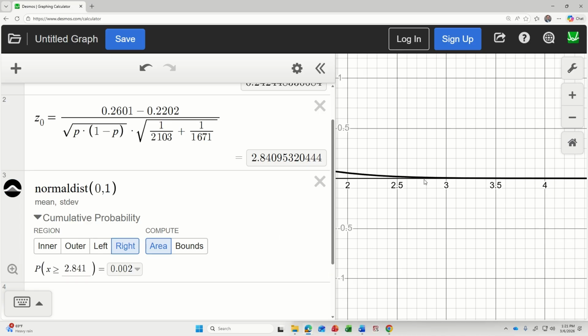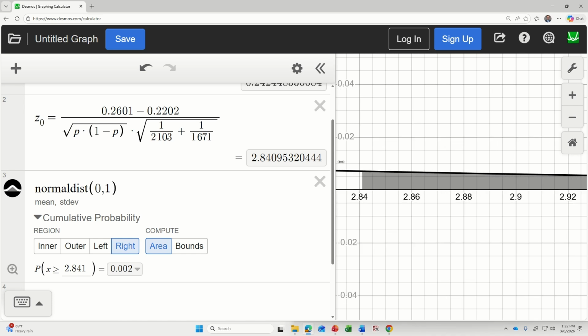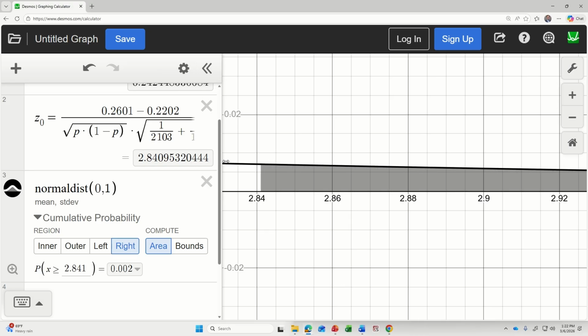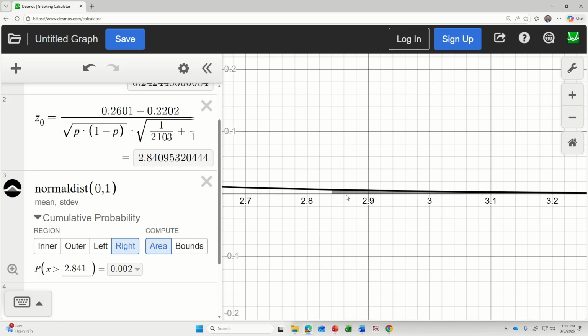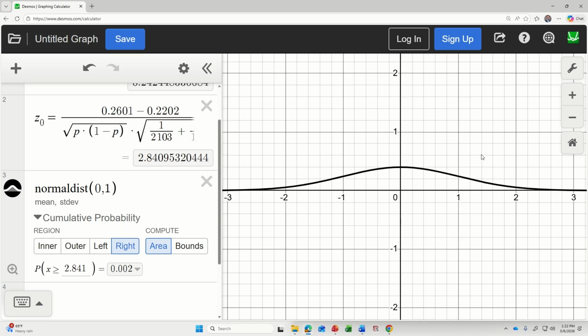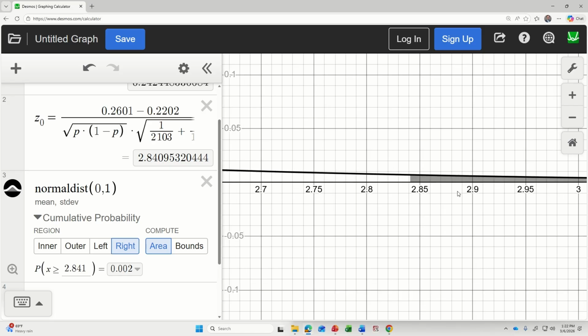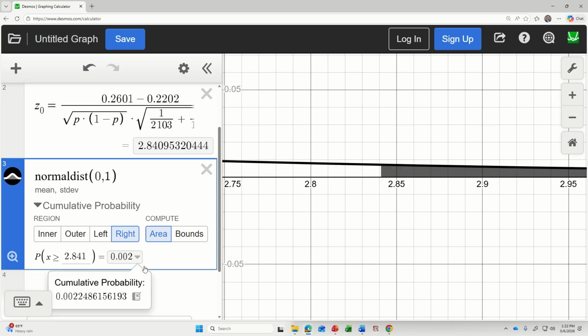It's hard to see, but it's this little shaded region here, which is only a very small part of my normal distribution. Most of it's unshaded, but if we zoom in right here, then we can see where it is. It's a small number because it's a small shaded area, and that number is my p-value. It's 0.002249.